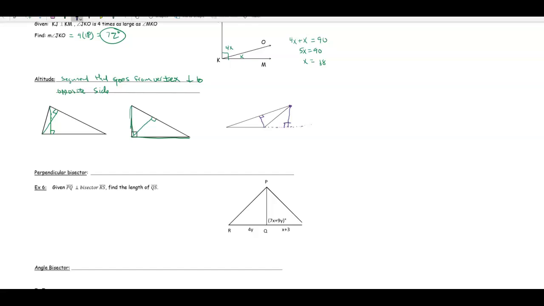So next one, a perpendicular bisector is a segment that is perpendicular to another segment at its midpoint.